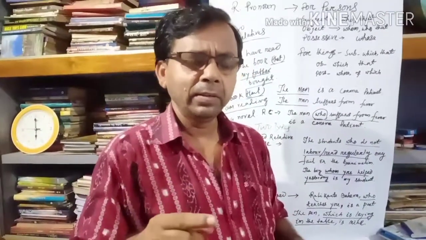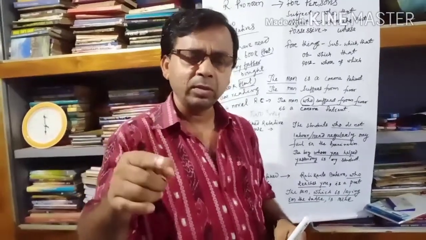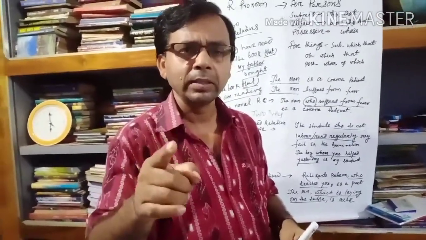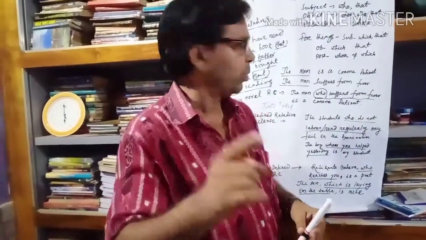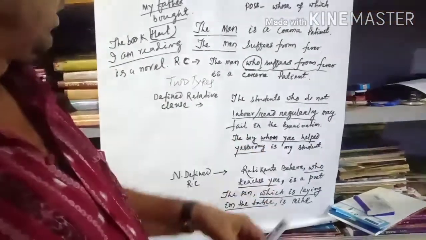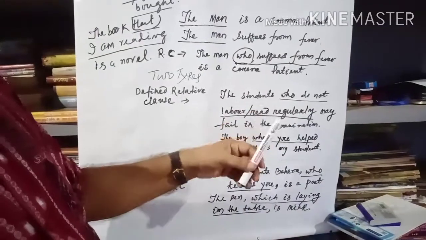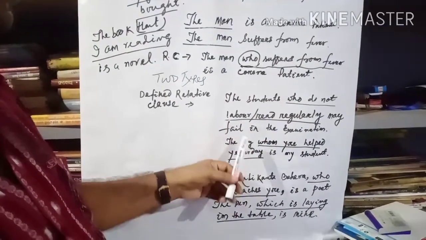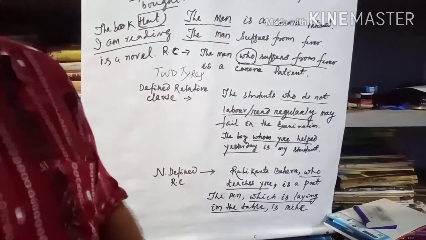When I cite the example, I limited that who committed suicide is no one except Sushant Singh Rajput. Likewise, the speaker here limited or identified or restricted the students, those who are only not reading regularly.